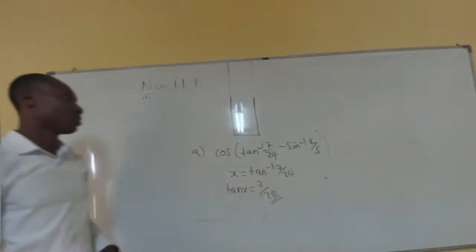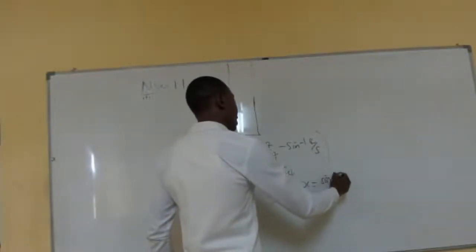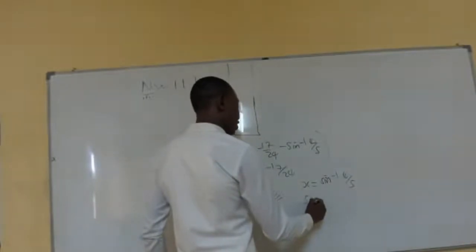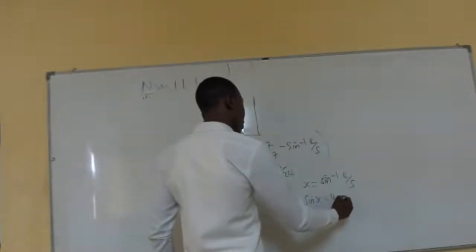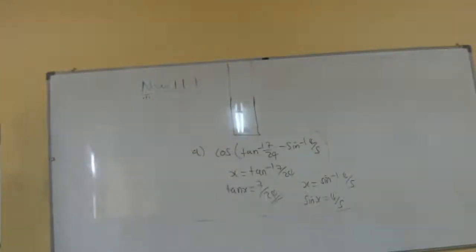Then the other part which we have now is, let's say x is equal to sine inverse of 4/5. Then what is sine x? Sine x is 4/5.